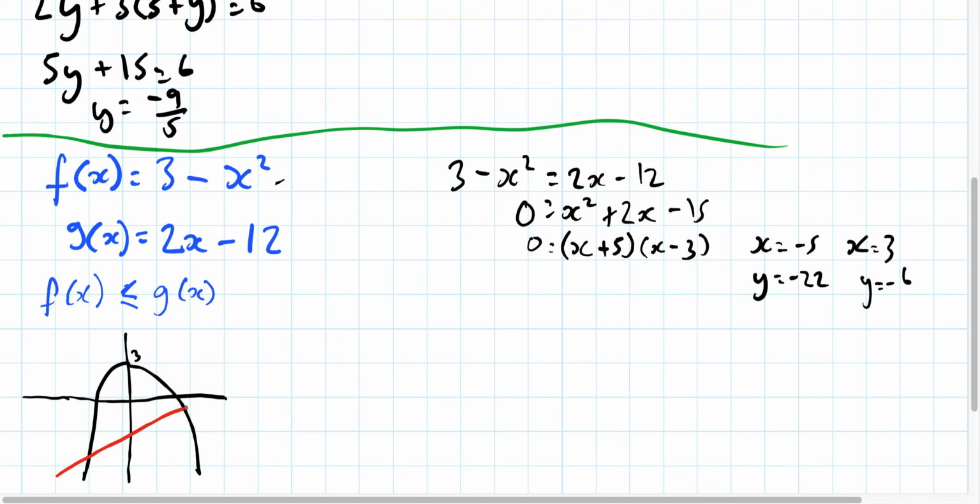It is something like this. So we know this is minus 12, minus 22 and minus 5, and this point here is x is 3, y is minus 6.